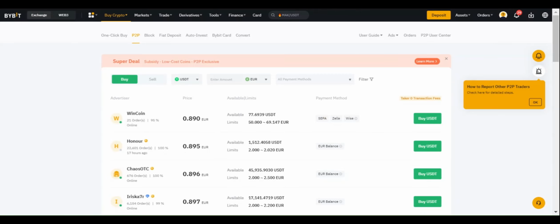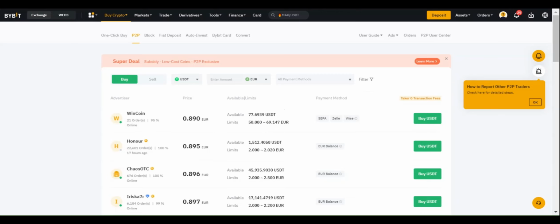Especially on peer-to-peer platforms, you want to deal with someone who has a really high completion rate, ideally anything from 95% and above is fine. Okay, sometimes 90% if you are really pressed, but that's if you can't find anyone within your price range, because there are price ranges, right?